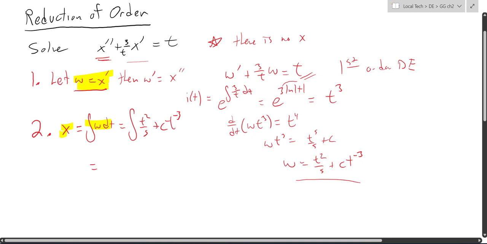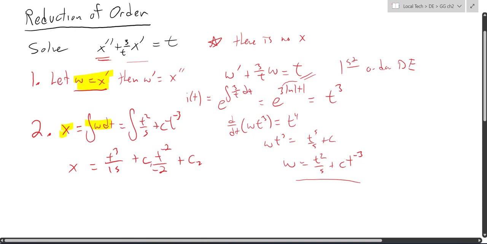And when I integrate this, I will get t cubed over 15 plus t to the negative 2 power over negative 2 times my constant here, plus some new constant, call it C2, call this first constant C1, and this is my expression for x.